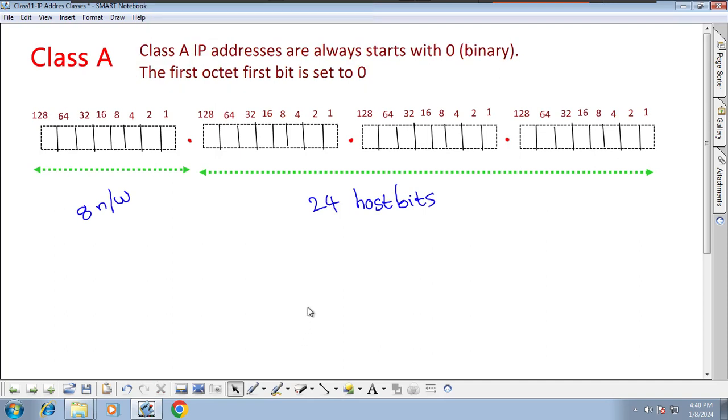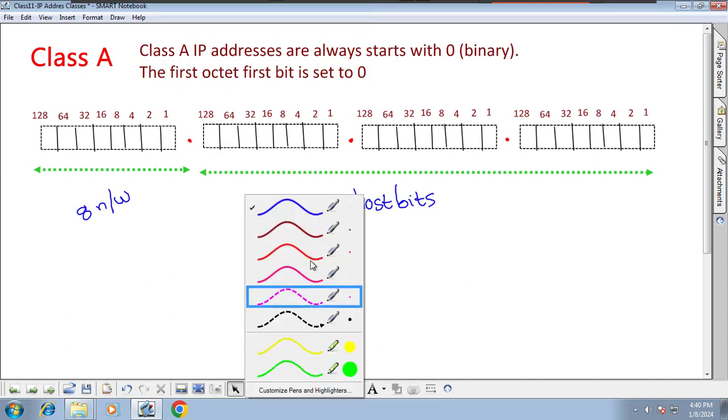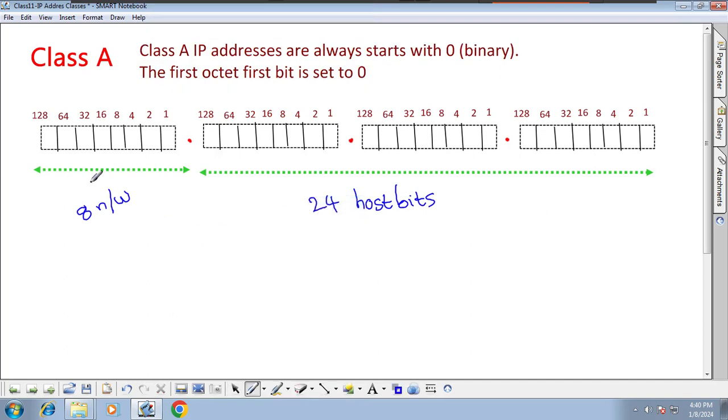See here what they are saying: if you take class A IP addresses, the first octet, first bit is always 0.